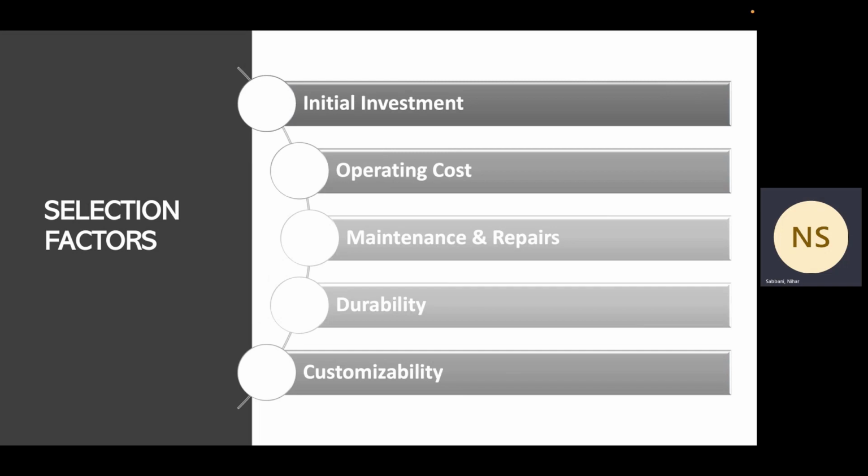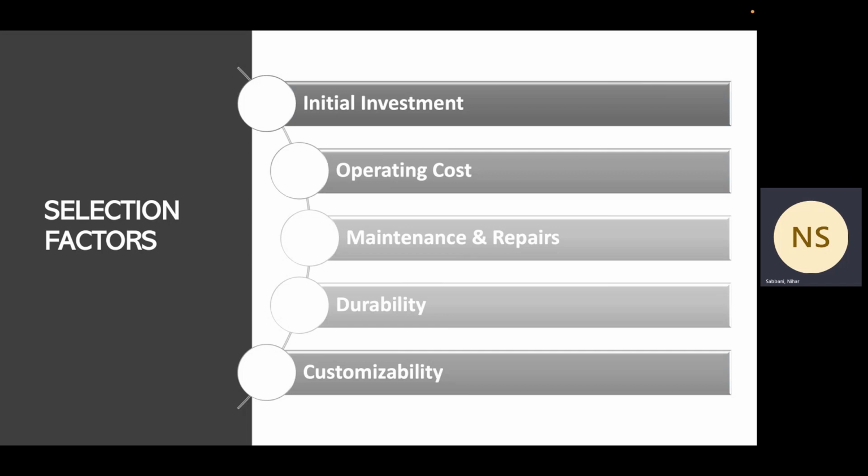As a team, we have done our own independent research, and collaboratively we have come up with 5 selection factors for scoring the vessel configurations: initial investment, operating cost, maintenance and repairs, durability, and customizability.